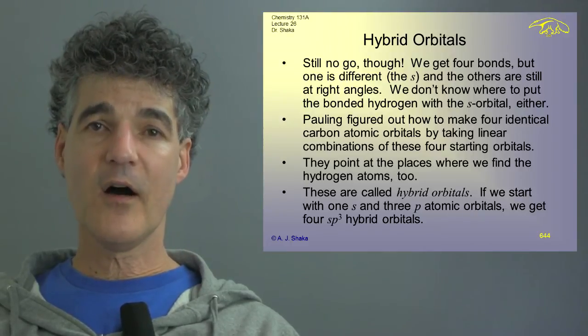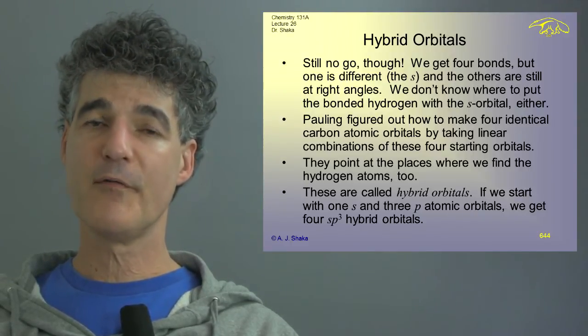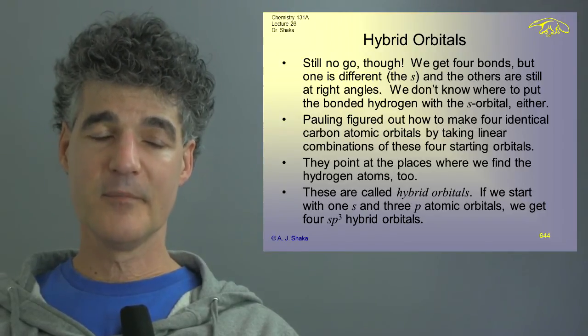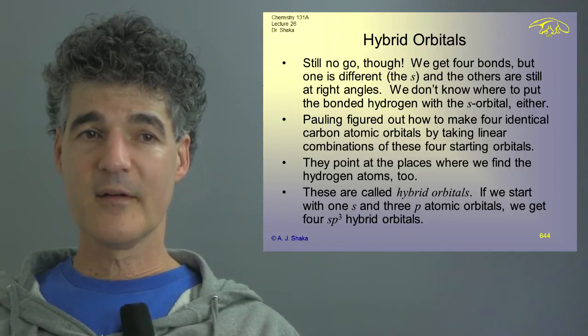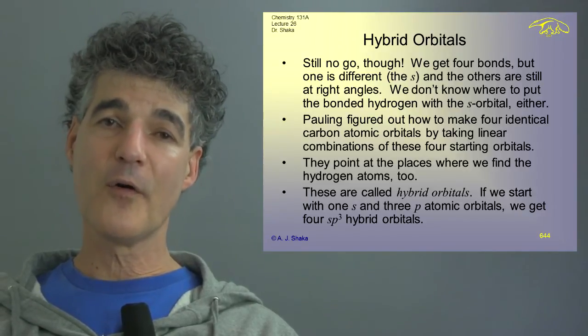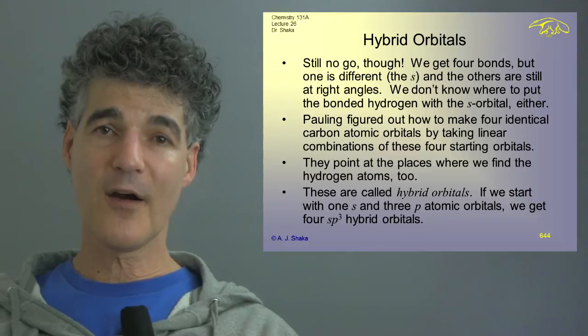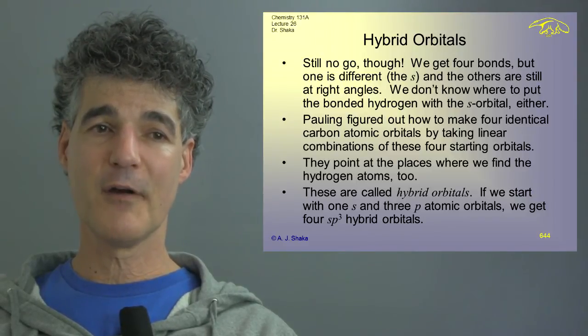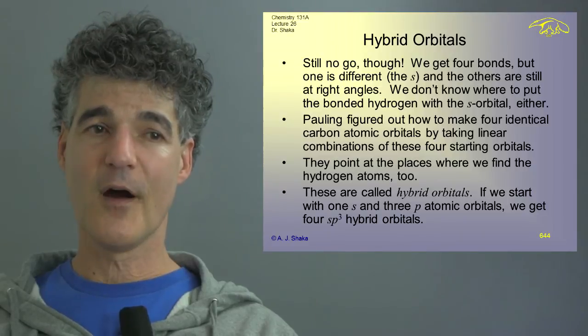They point also at the positions where we find the hydrogen atoms, but it's kind of an interesting mathematical point in that if you don't orient where the hydrogen atoms are in a very clear way, then it takes you a long time to figure out what the hybrid orbitals are.